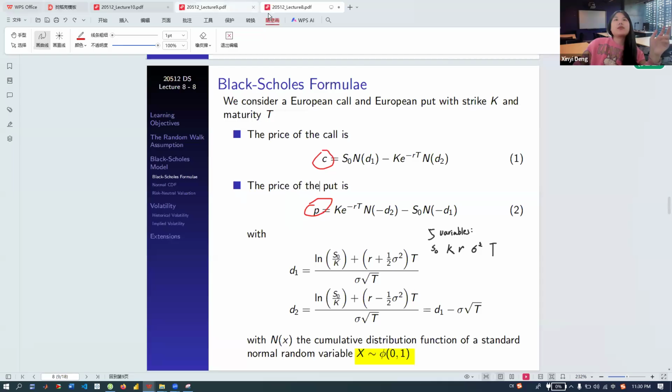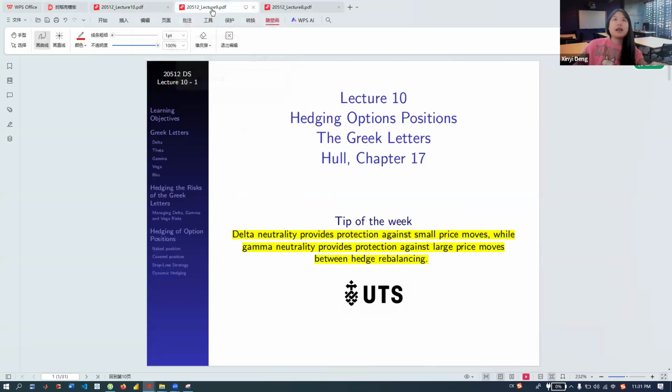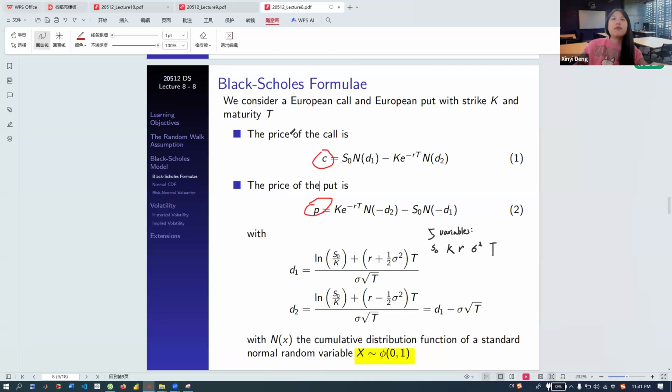If you look back to lecture 8 and the Black-Scholes model, you'll find that the call prices and the put prices are just functions of 5 variables: S0, K, r, sigma squared, and time to maturity T. So effectively, the Greek letters are just derivatives of the option prices, or other financial instrument prices, with respect to those 5 variables.